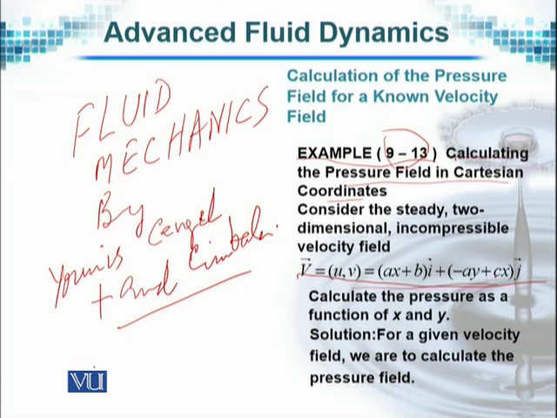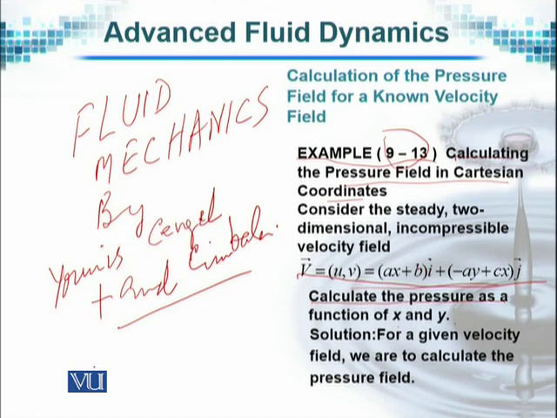The velocity has been given to us and we need to calculate the pressure, which is not known, only as a function of x and y, because the velocity field given to us has only u and v components and there is no z component.